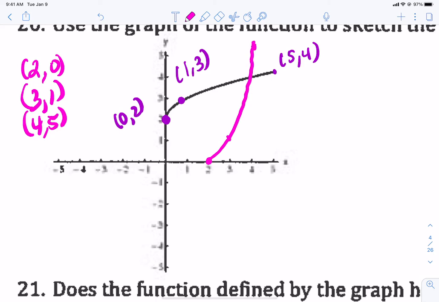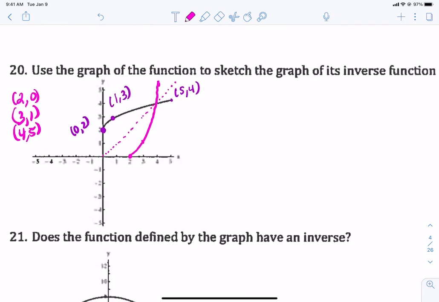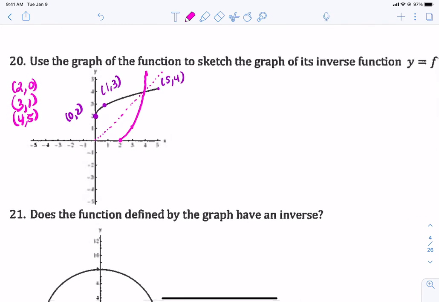And graph them. And so it looks like it should have flipped over the line y equals x. So there you go. So there is number 20. Any questions about that?